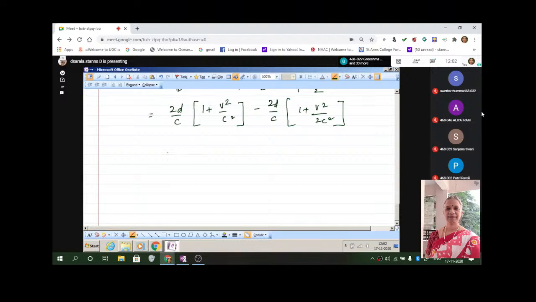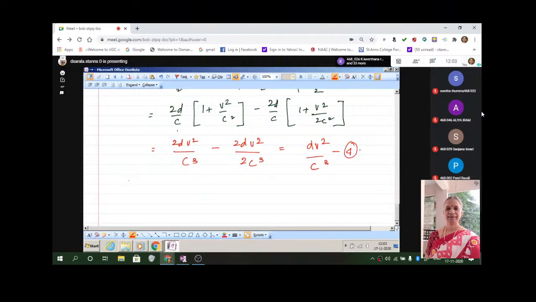I am just copying those expressions here. If you simplify this, 2d by c minus 2d by c get cancelled, isn't it? And then now you have 2d v square by c cube minus 2d v square by 2c cube. So this is reduced to d v square by c cube.